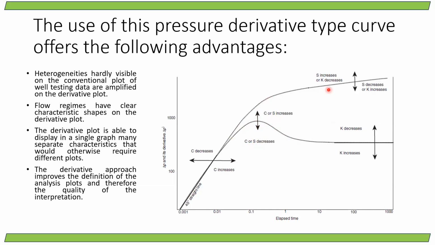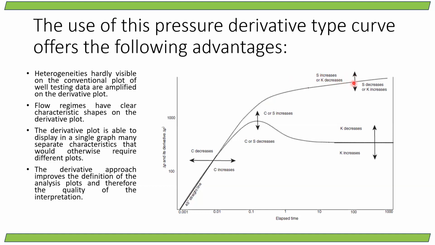In the same way, if the build-up graph is moving to the top, then S increases and K decreases. S and K are inversely proportional. Imagine if skin is more, permeability will be less; if permeability is more, skin is less. So you can see S increases, K decreases. Obviously, skin is the one which will damage the flow around your wellbore, so permeability will reduce.